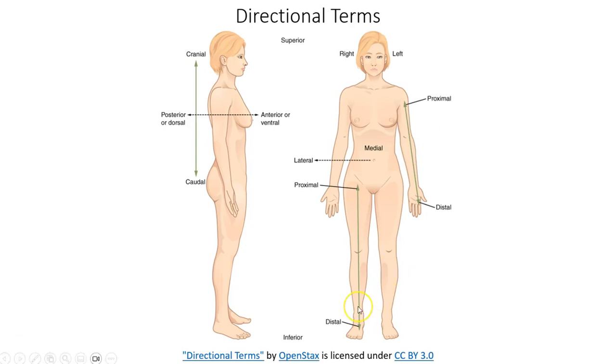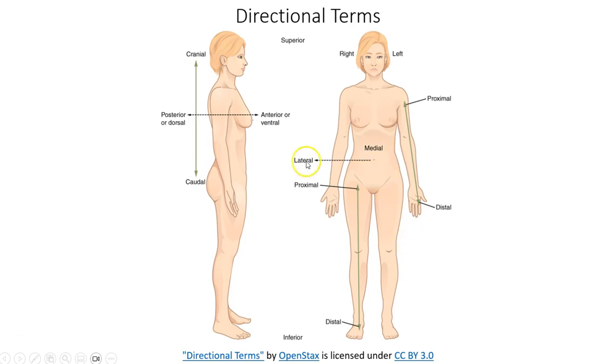If we're talking about the leg, we could say the knee is proximal to the ankle because it is closer to that attachment point on the body. So superior and inferior are used for the head, neck, and torso, and proximal and distal are used for the arms and legs.